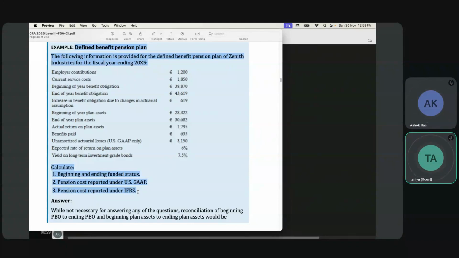Pension cost. So what is this pension cost? Pension cost reported under US GAAP, pension cost reported under IFRS. That is the calculation part that we have to calculate. That is the balance, the US GAAP balance. And under IFRS, what is the balance?